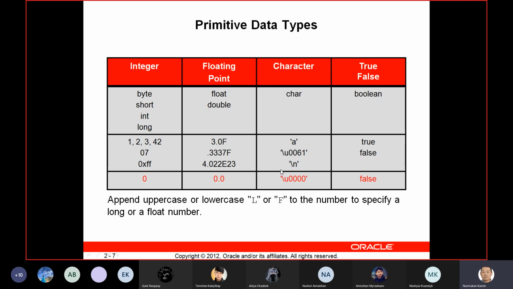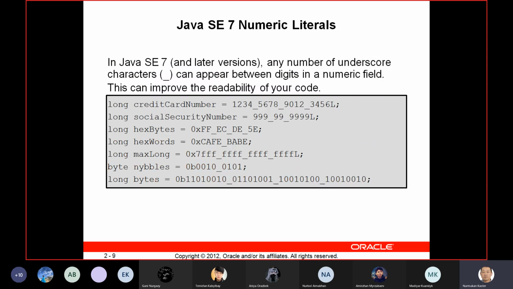ASCII code just uses 1 byte. I think we will discuss it later. Then also there's a new feature: if you are using a new version of Java, while using numbers, in order to increase readability, you are able to use an underscore in the number.